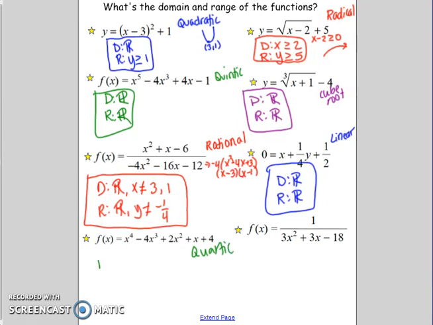So quartics have a domain of all real numbers, but for the range, we have to find the max or the min. So this is going to open up like this. So it has minimums. So we would just have to use the calculator here to find the minimum. And we want to find the lowest minimum, and then that y value is going to be part of our range. So since it opens up, we know that y is greater than or equal to.